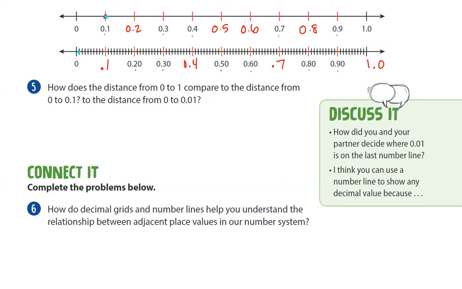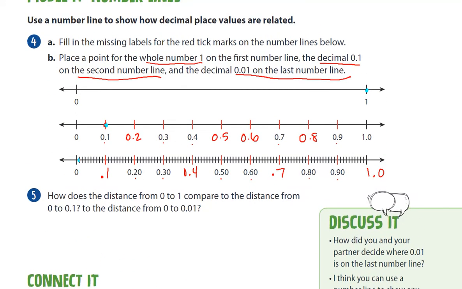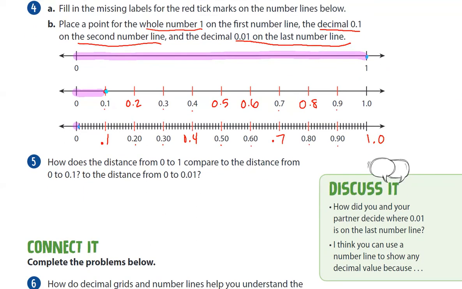Number 5. How does the distance from 0 to 1 compare to the distance from 0 to 1/10? So the distance from 0 to 100th. Okay, the distance from 0 to 1, then the distance from 0 to 1/10, then the distance from 0 to 100th. How do they compare? Where's my typing tool?